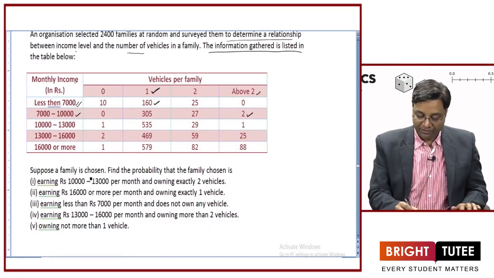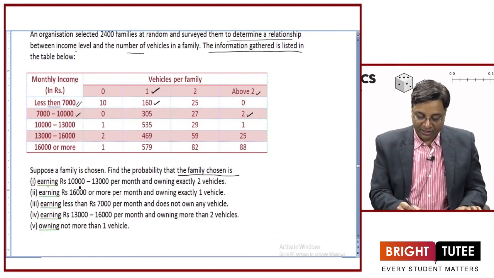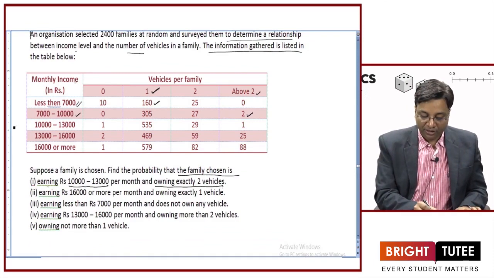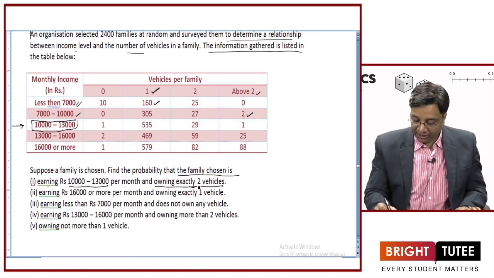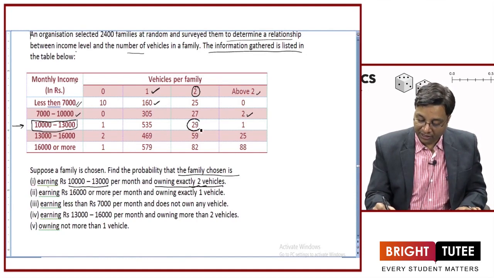So, suppose a family is chosen, find the probability that the family chosen is earning 10,000 to 13,000 per month and owning exactly 2 vehicles. We will look in this row because this row is for 10,000 to 13,000 income, right, and owning exactly 2 vehicles. So, owning exactly 2 vehicles are 29 such families.